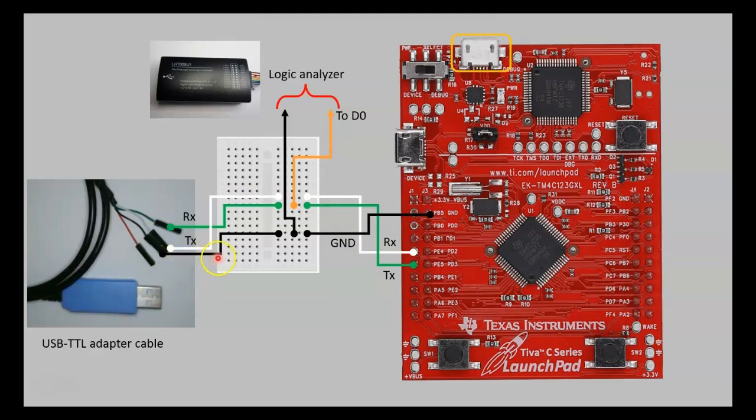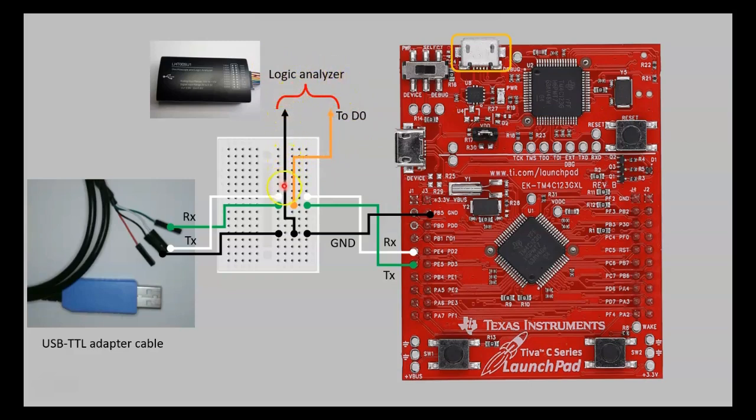And then the ground of the USB TTL cable and the ground of the TM4C series board are connected. And then the transmit pin from the TM4C series is connected to channel D0 of my logic analyzer.